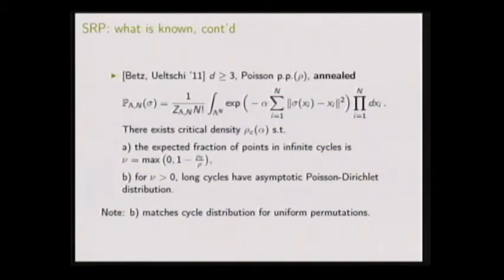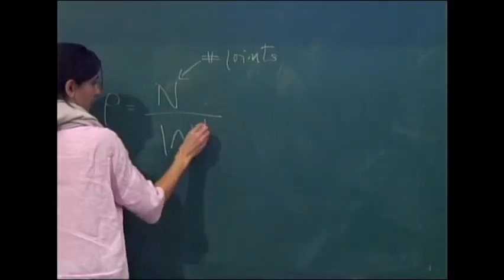So if you take both of them simultaneously, then there exists a critical density depending on the parameter alpha. The density here is just the density n over the size of the box. This is the number of points divided by the size of the box.